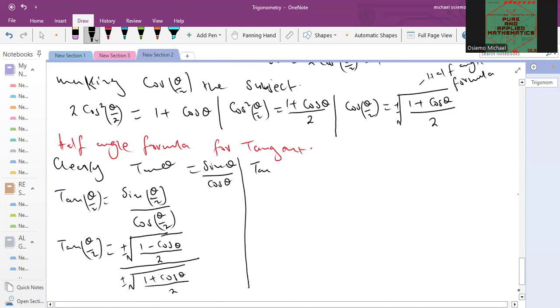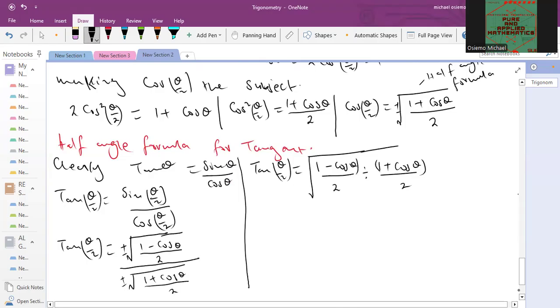We have tan theta over 2 being equal to the square root of 1 minus cos theta over 2 divided by 1 plus cos theta over 2.